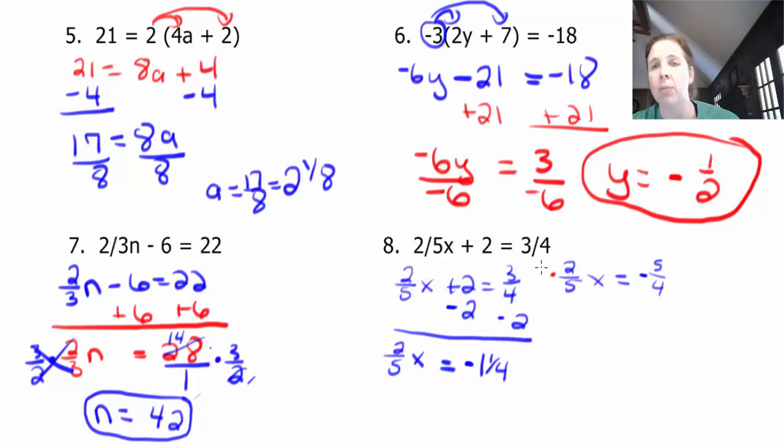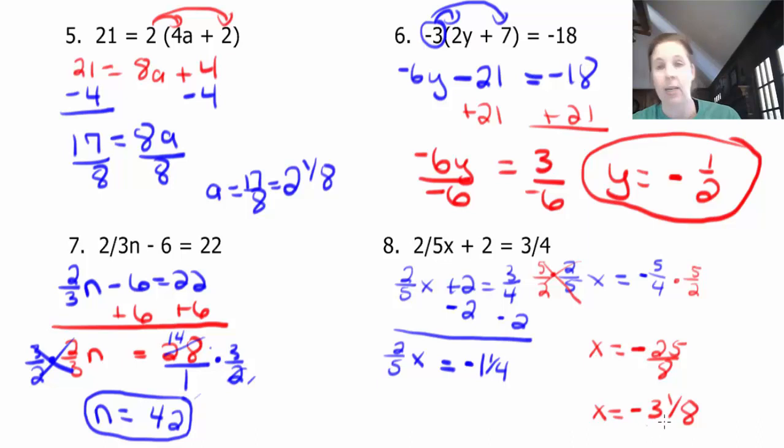Again, we're going to multiply by the reciprocal, which is 5/2. So x equals, and it's going to be negative because a negative times a positive is a negative. We have 25 on the top, 8 on the bottom, and we want our answer to be a mixed number. 8 goes into 25 3 times, so -3 and 1/8. Let me see if I did that right. Yep, that's the right answer.